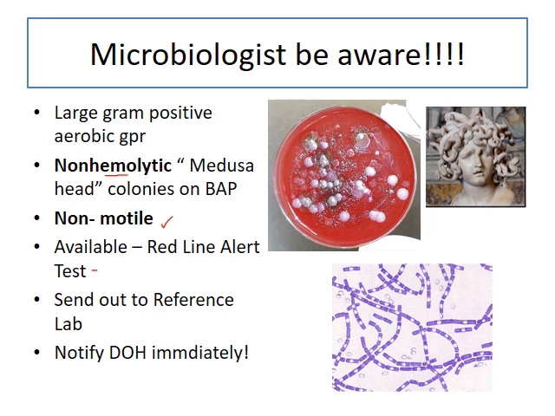You have to call the state and tell them that this is a possibility. So you have to submit it to the public health officials, like right away, okay? And you have to notify. You're not going to send something to the reference lab, and the reference lab in this case would probably be New York State Department of Health, okay? But you would not send this out without letting them know that it's coming, okay?